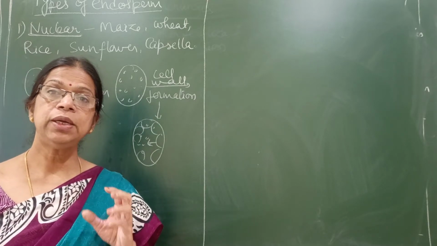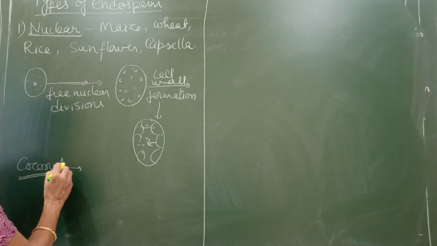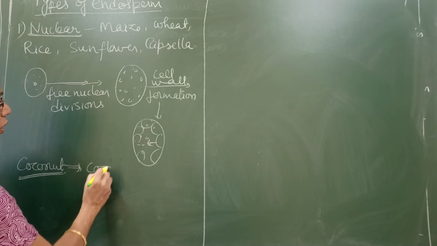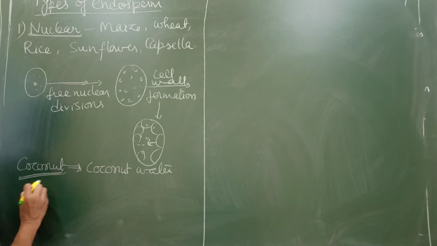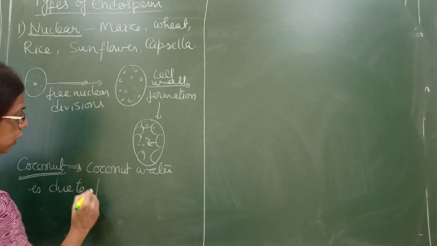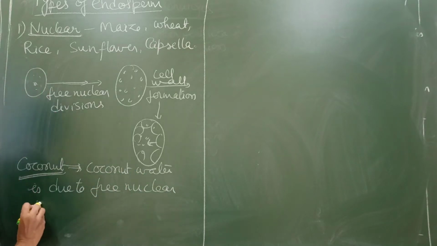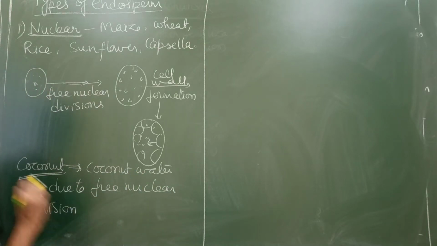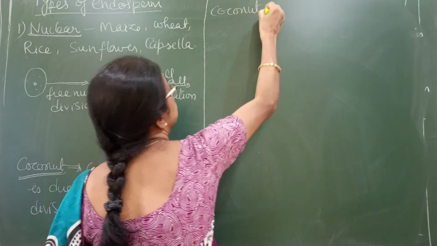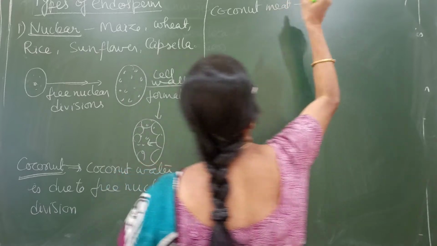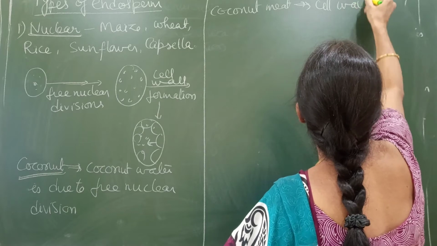The coconut water is due to free nuclear divisions, where only free nuclear divisions occur without any cell wall formation, whereas the coconut meat, the white kernel, is due to cell wall formation.